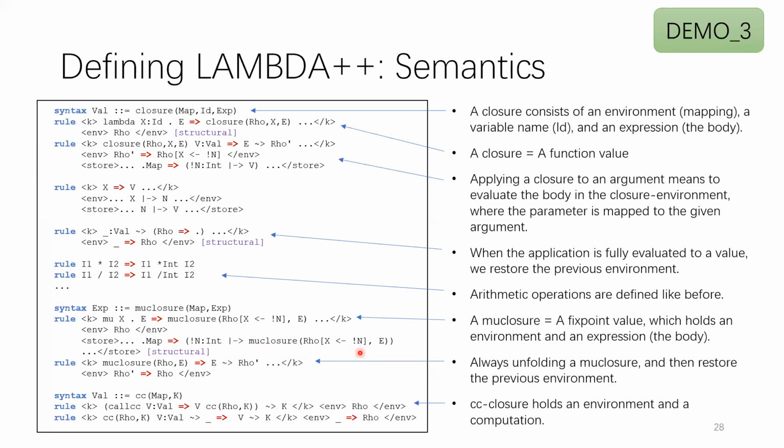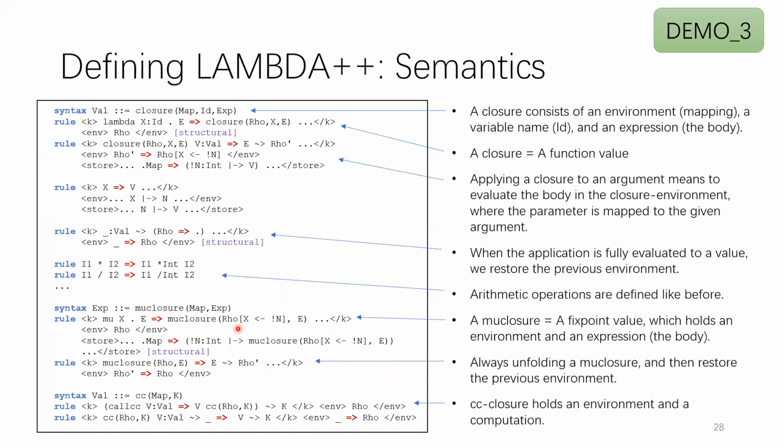So in other words, in evaluating mu, the variable x is already registered in the environment and it is assigned to the mu closure itself. So when we evaluate the mu closure, we only need to unfold and evaluate the body in the given environment. And when the evaluation finishes, we restore the original environment. So that's the semantics of mu.